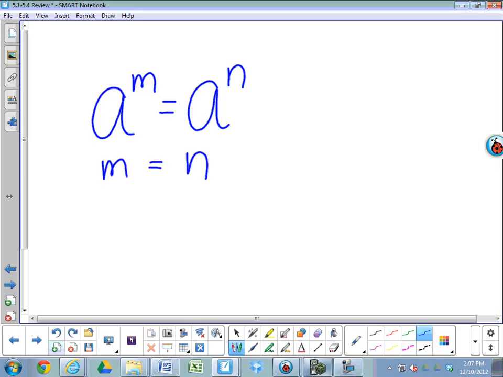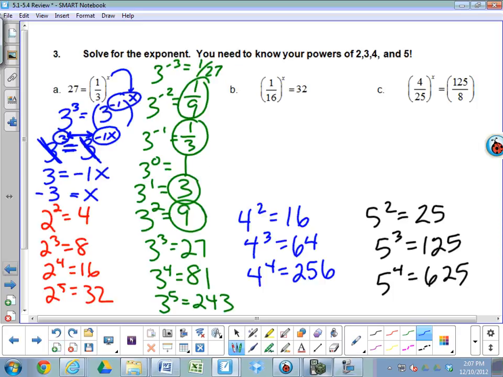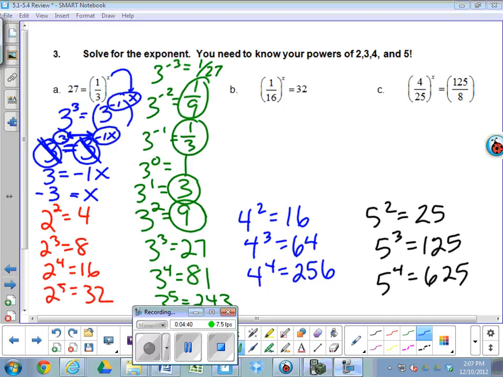They're equal. That's what I just did on that problem. If the bases match, you could set their exponents equal. The bases matched, so we set their exponents equal. Divide both sides by -1.